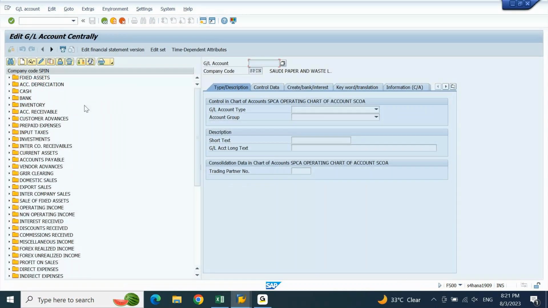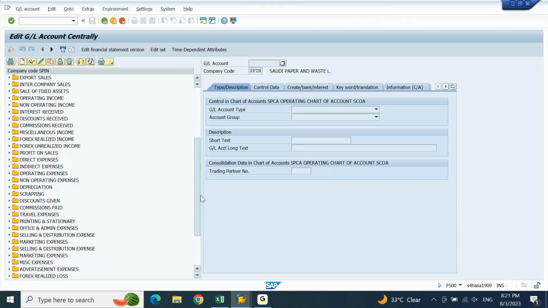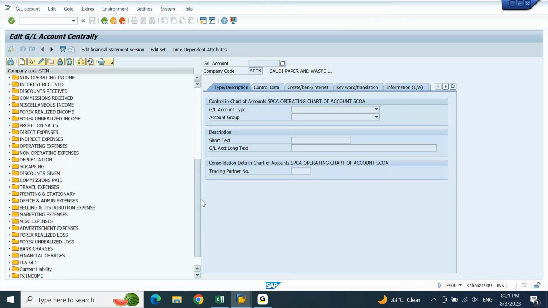Now, in this company code, you see there are a lot of account groups here. Fixed assets, accumulated depreciation, cash account, bank account, stock, customer advances, taxes, investment, vendor account. You have various account groups here. Like this, you need to create different account groups.